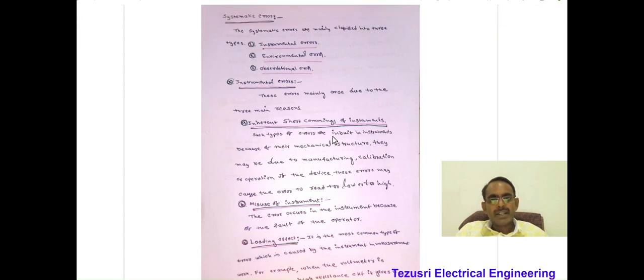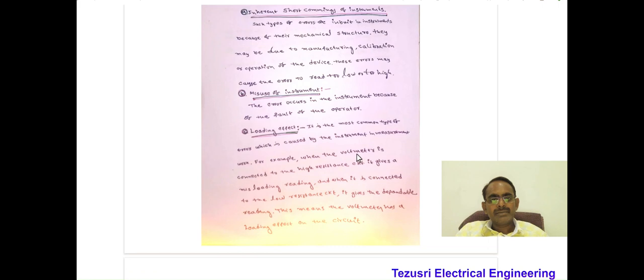Such errors are inbuilt in measurements because of their mechanical structure. They may be due to manufacturing, calibration, or operation of the device. These errors may cause the instrument to read too high or too low. Next, misuse of instruments. The errors occur in the instrument because of the fault of the operator.